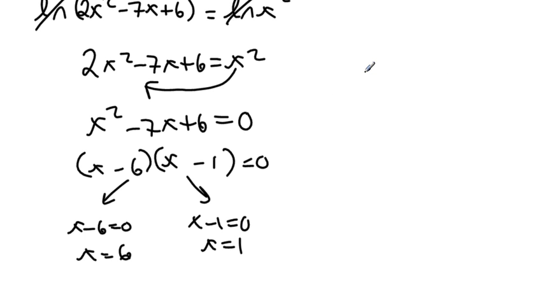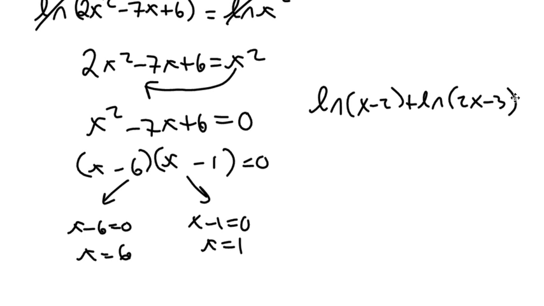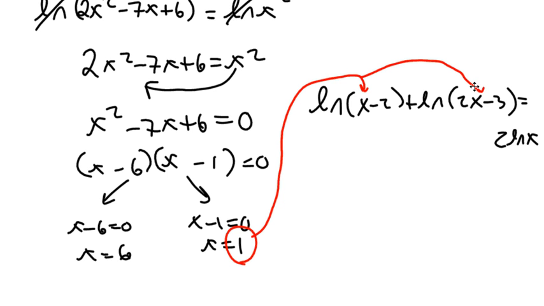So let me write down what the problem was again. The problem was the natural log of x minus 2 plus the natural log of 2x minus 3 equaled 2 ln of x, right? So let's see what happens if I plug in this 1. If I were to plug in 1 right here, right here, and right here. Well, let's just look at this side.